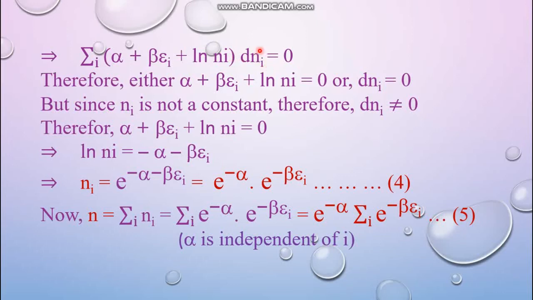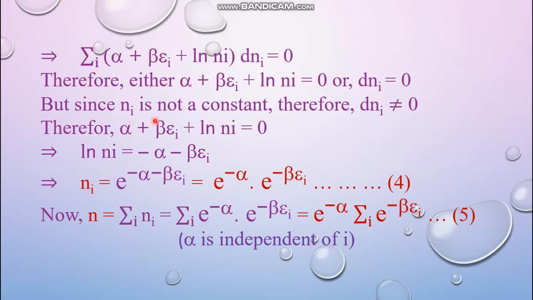But you know that dni is not equal to 0 because ni is a variable, so dni cannot be 0. So the other term must be 0, because if one of two multiplied terms is not 0, then the other must be 0. And you need not put the summation sign here, because if this one is 0, then its summation is also 0. Therefore you can directly write that alpha plus beta epsilon i plus ln ni is equal to 0.